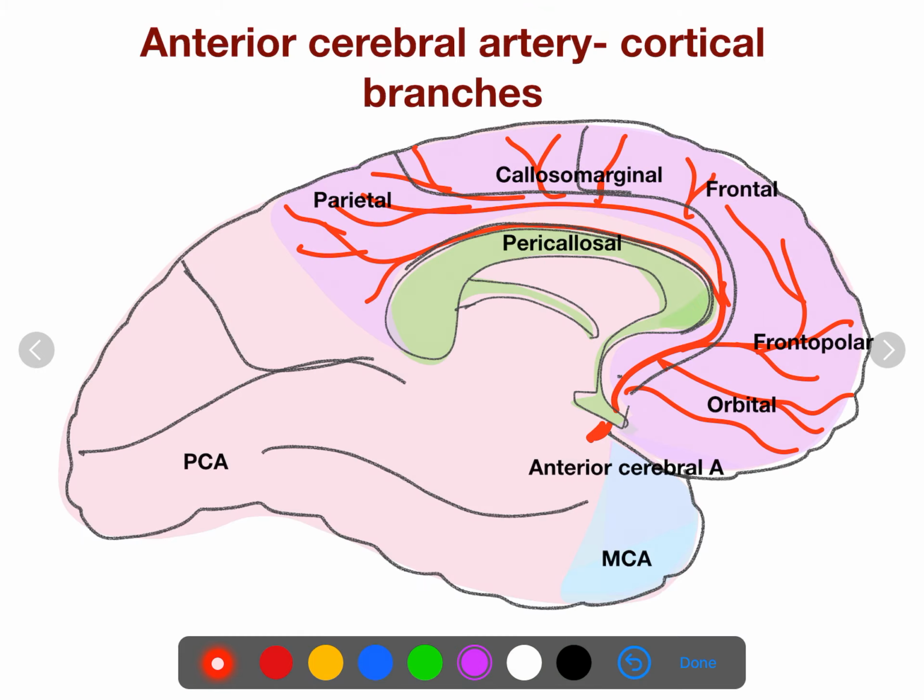Over the medial surface, it gives out cortical branches as well as central branches.